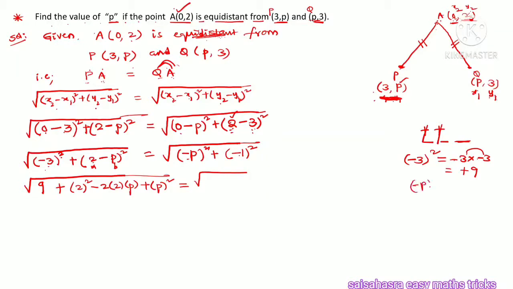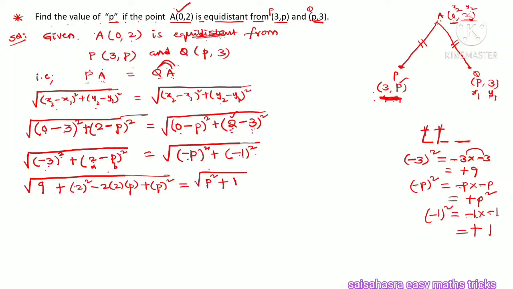Minus p whole square also we can write minus p into minus p, minus into minus is plus, p into p is p square, so we will get p square plus minus 1 whole square. Minus 1 whole square, same logic: minus 1 into minus 1, minus into minus is plus, 1 into 1 is 1, so this is 1 only. To avoid this square root, we should do the opposite operation.